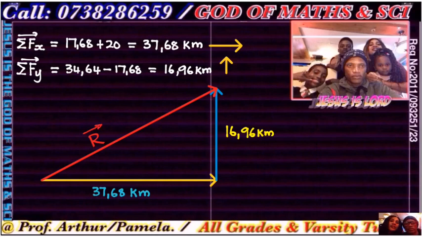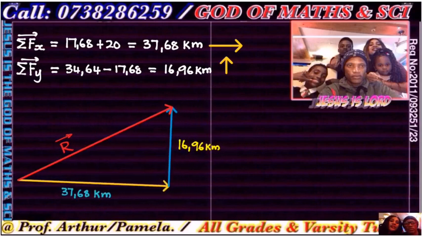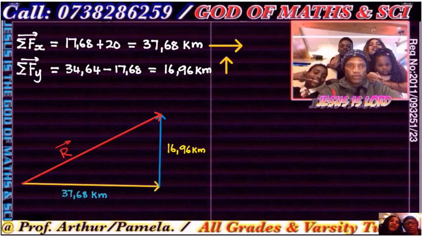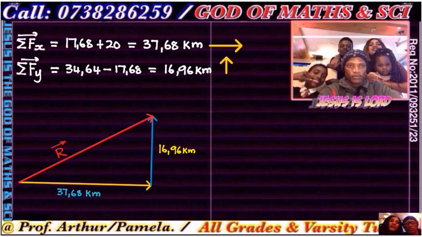All right, so we need the theorem of Pythagoras to work this out. Let me shift this and put it down there so that it looks nice. Now I'm going to do the theorem of Pythag to get the resultant.